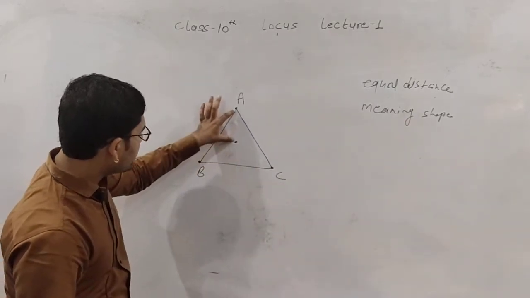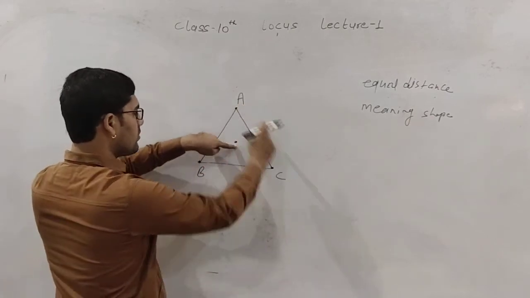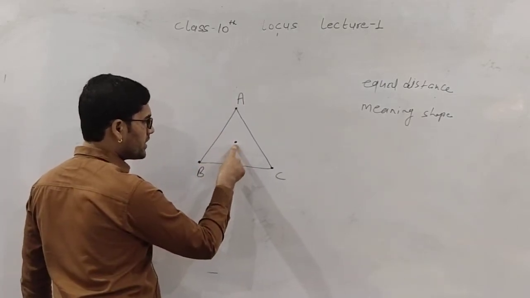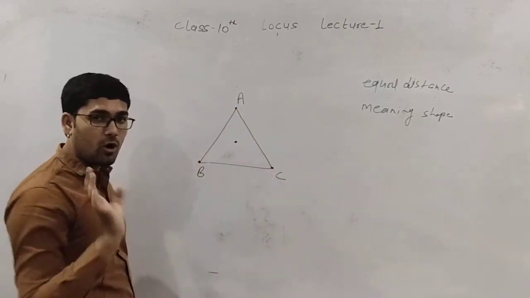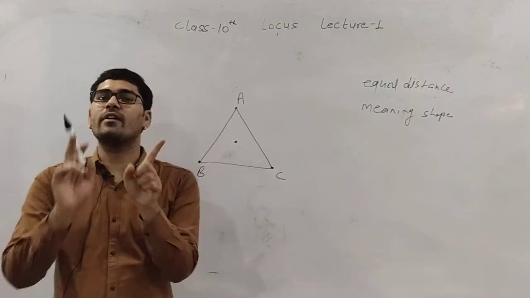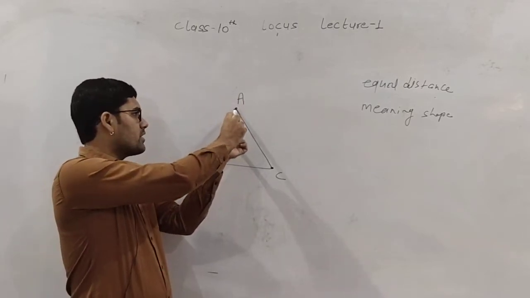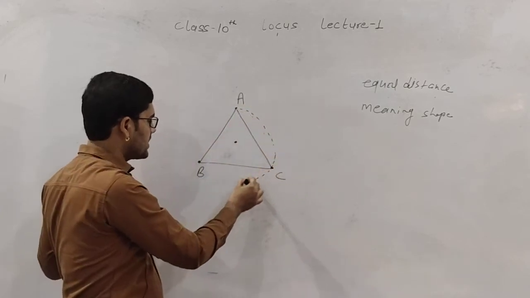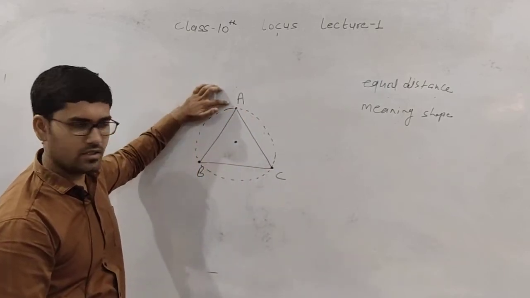If it is a point which is at equal distance from all the vertices, vertex meaning the corners of this triangle, that means if I have a compass, with the needle of the compass over here and the pencil over here, and I move it around, then I will have a circle which touches all the vertices, right?